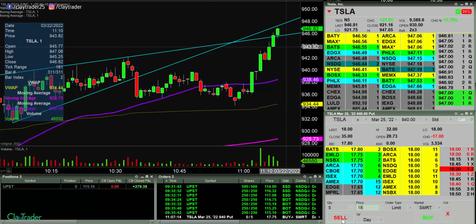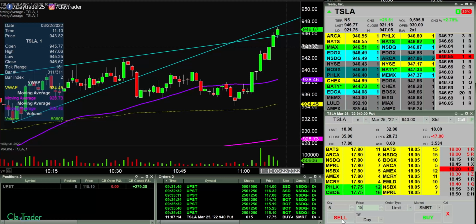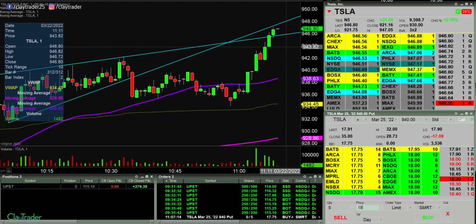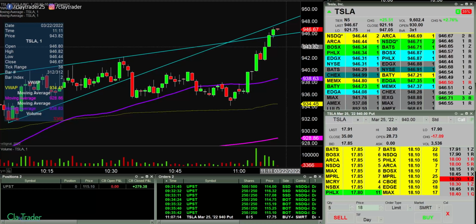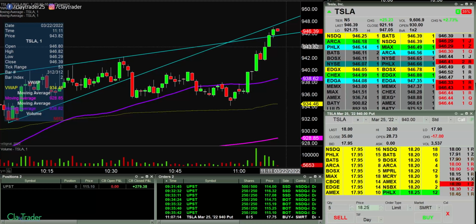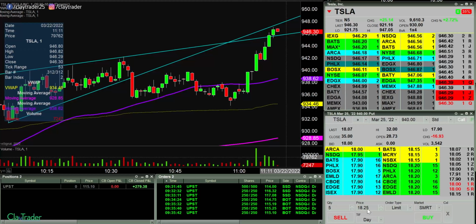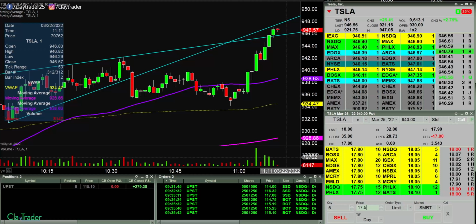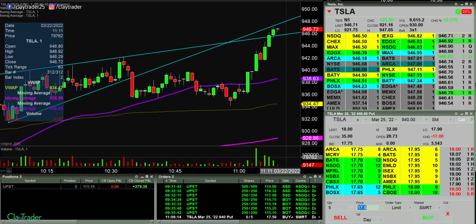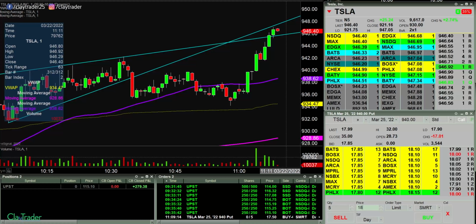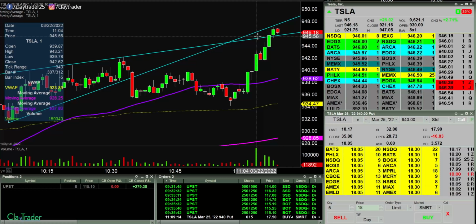Come on. Oh, I'm on basically best bid. Needs to push up just a tad bit more. Oh, come on. Well, at this point, got to go to 17.50. Oh, I was so close.